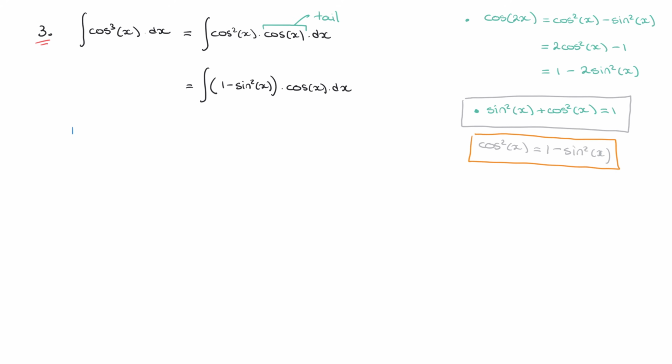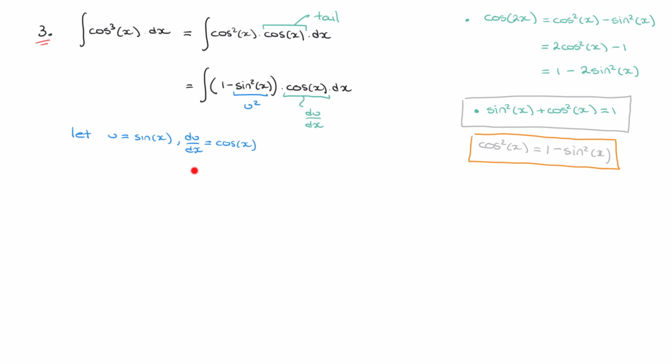I'll go ahead and define my variable, and I'll say let u equal sine of x, which would mean that du dx will equal the derivative of sine of x, which is cosine of x. And as you can no doubt see, that's our tail. So this cosine of x will be du dx, and this sine squared of x, well, that's going to be u squared.